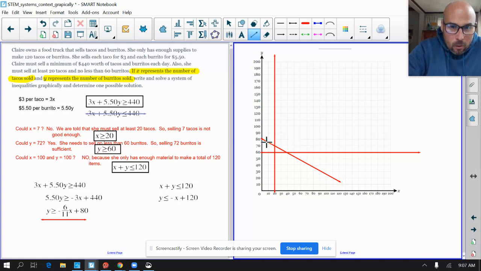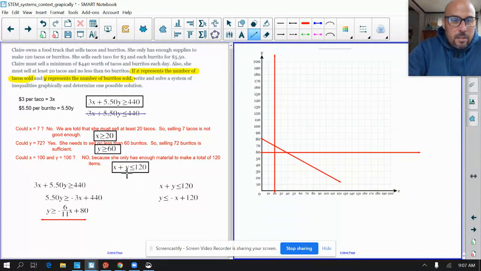So any ordered pair on this line, what does that mean? Any ordered pair on this line means that she sold exactly $440 worth of stuff. And she wants to sell at least $440. So any ordered pair above this slanted line is good for Claire.